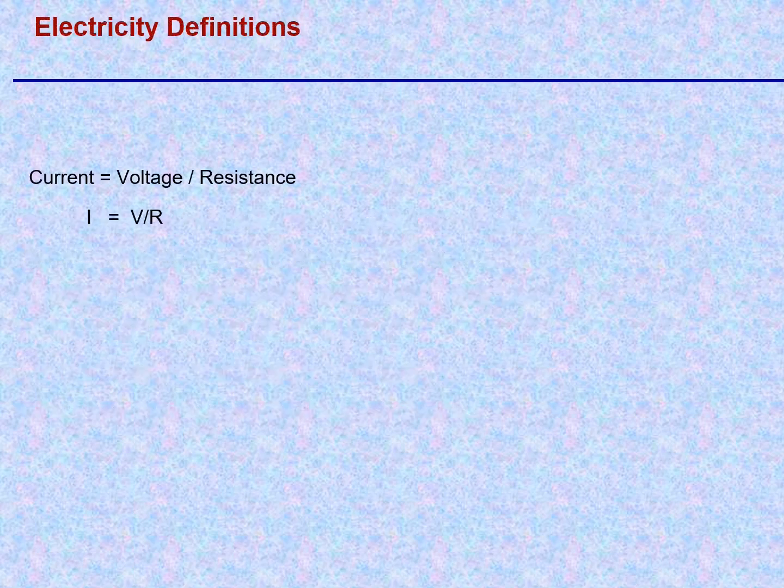Having said that, current, measured in amps, is equal to voltage divided by resistance. The higher the resistance, the lower the current will be. The lower the resistance, the higher the current will be, and voltage has a direct, as opposed to inverse, relationship with current. Higher voltage, higher current.